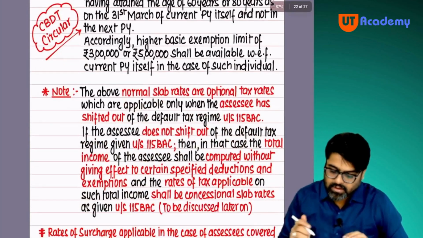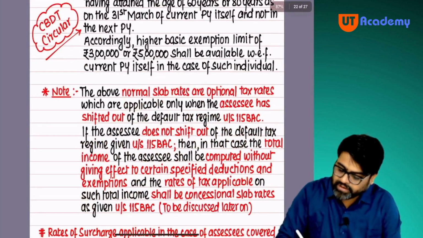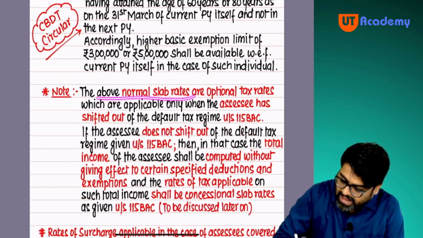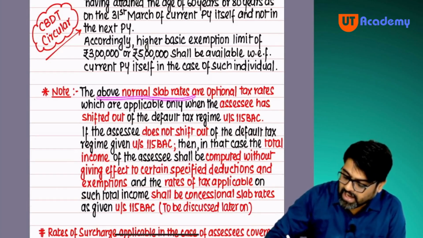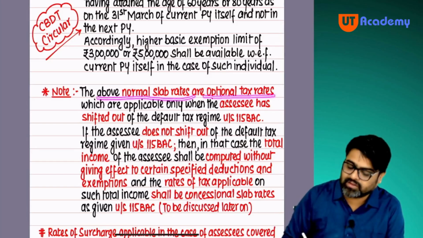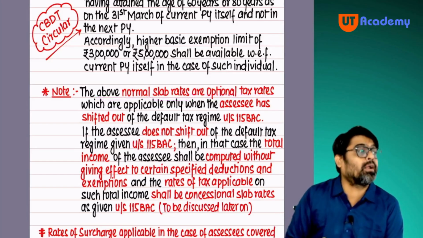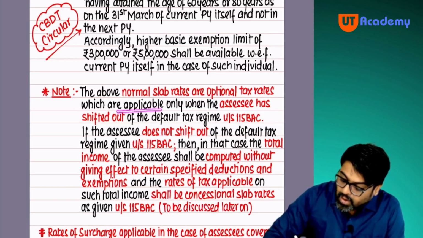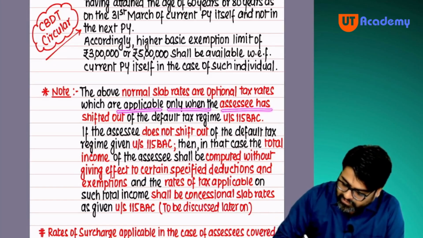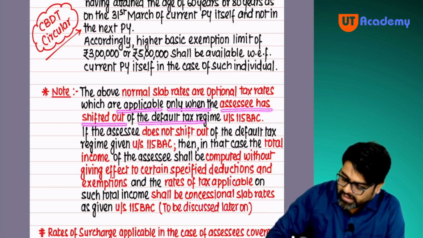Now pay attention. Now see this note. Note says the above normal slab rates are optional tax rates. These are not default. These are optional tax rates which are applicable only when the assessee has shifted out of the default tax regime.